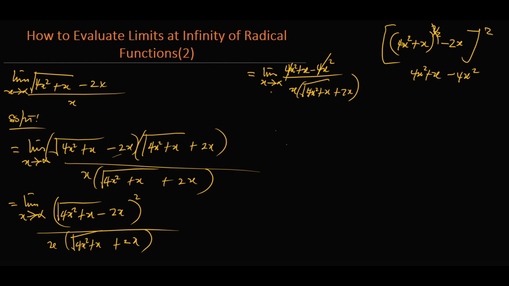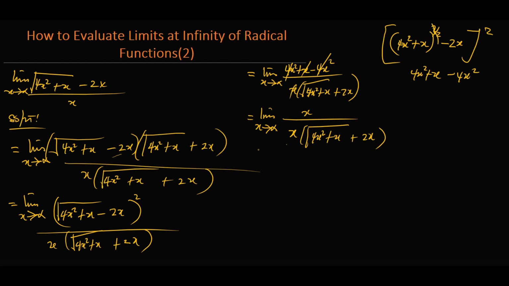We see 4x squared can cancel out minus 4x squared. So we are left with the limit as x approaches infinity of x all over x multiplied by root 4x squared plus x plus 2x. Now you see x already cancelled out x, right?